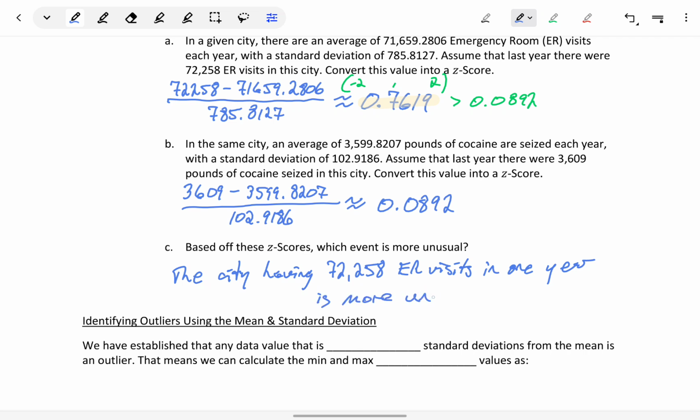It's not actually an unusual value itself, but it deviates farther from the mean versus the z-score of 0.0892 is closer to the mean. So the 3,609 pounds of cocaine being seized is a much more likely value to see, since it's closer to the average based off that z-score.